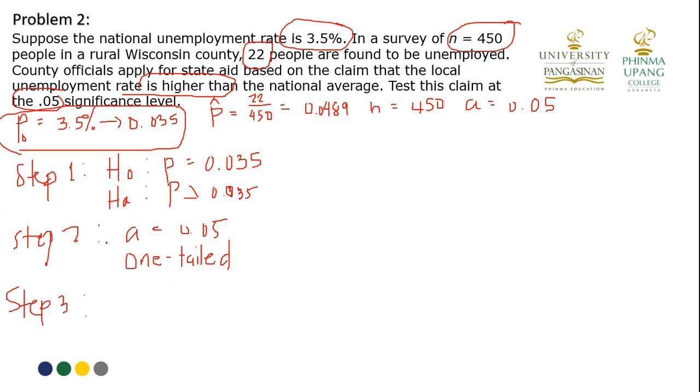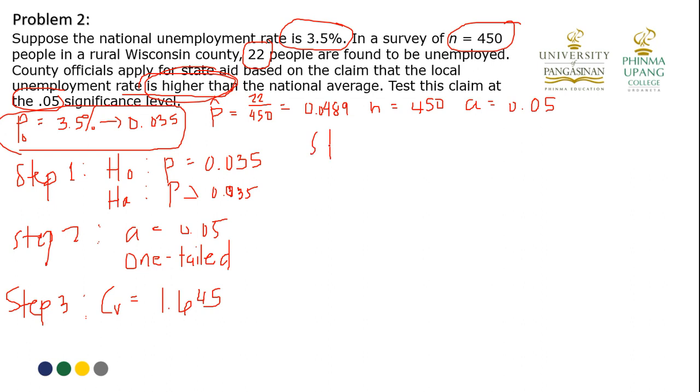Sir, paano ko po malalaman kung 1 tailed? May direction po, higher. Pag wala kayo nabasa na mga ganyan, 2 tailed na siya. Walang direction, 2 tailed. Non-directional. This is 1 tailed, ibig sabihin directional. So, what is the critical value of 1 tailed of 0.05? Sinabi na natin yan kanina na 1.645. Yan.